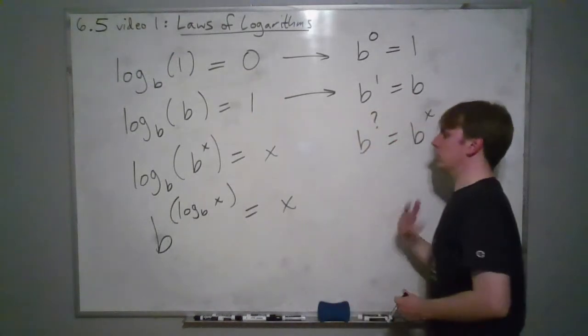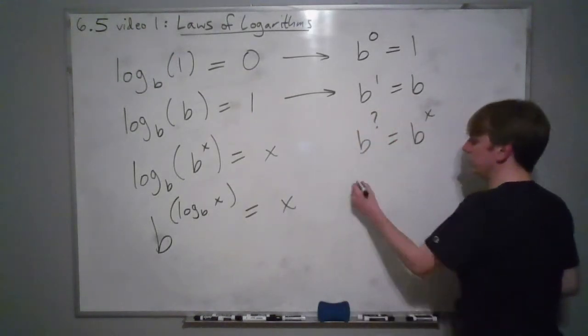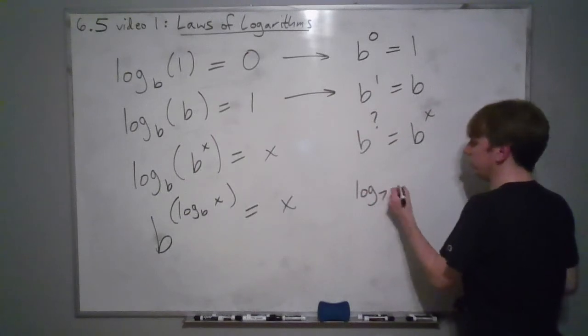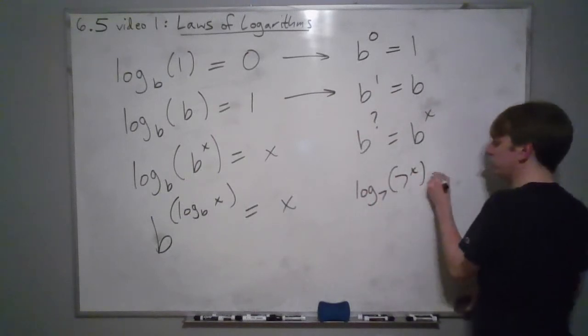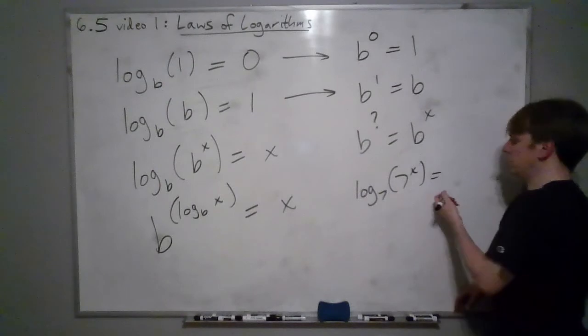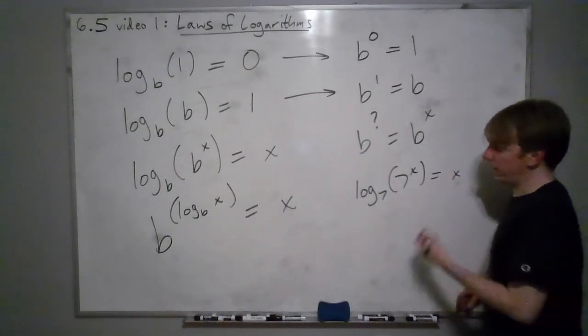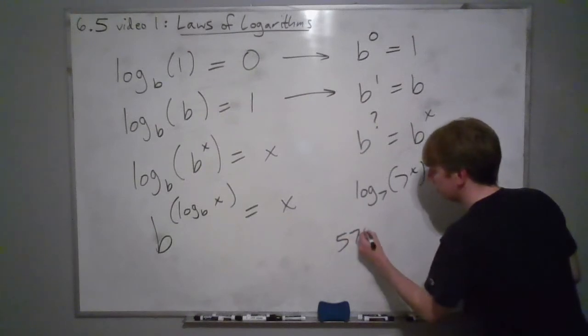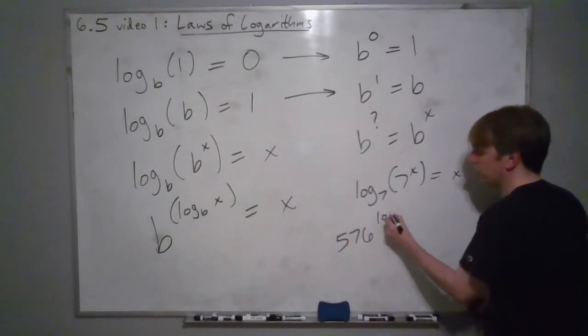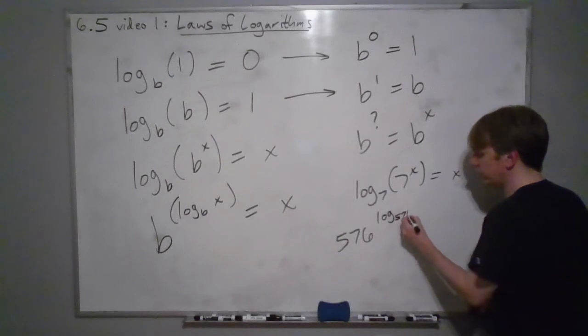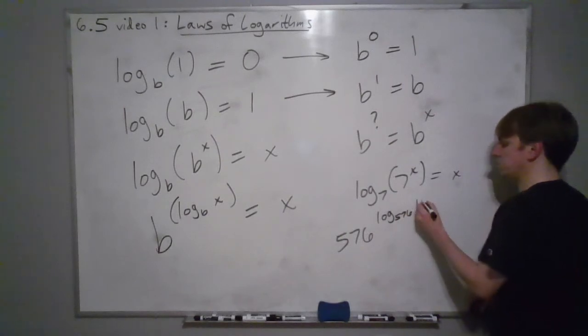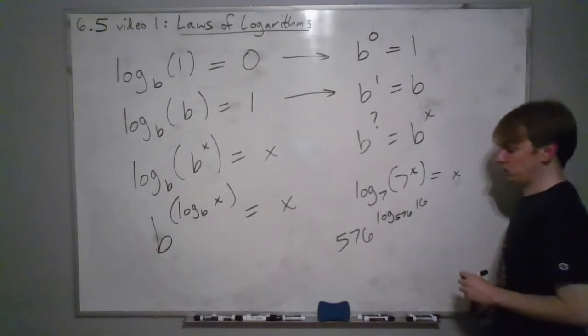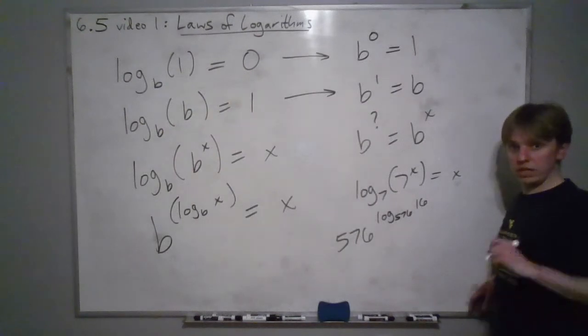So just a real quick example of that. If I ask you to find log base 7 of 7 to the x, we should be able to say this is just going to be x. If I asked you to find 576 to the power log base 576 of 16, good luck typing that in a calculator.